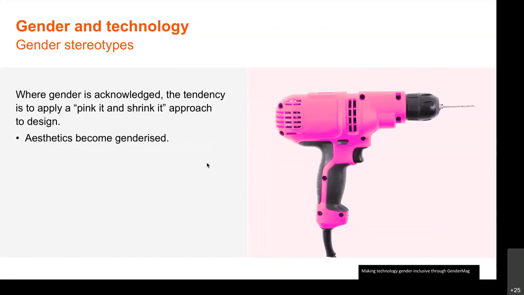We also find that when gender is acknowledged in technology design, what tends to happen is that you get different versions of technology. So technology particularly targeted at women and technology particularly targeted at men. And the reason that you know that this drill is marketed at women is because it is pink, right? So what tends to happen is that aesthetics become genderized, building on these stereotypes that we have of gender.